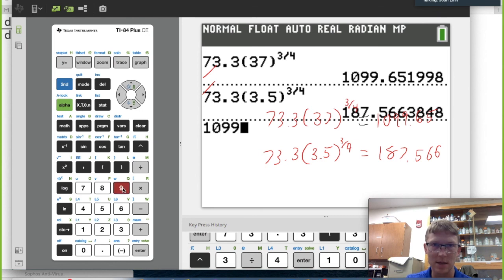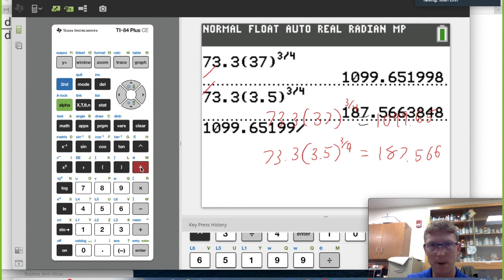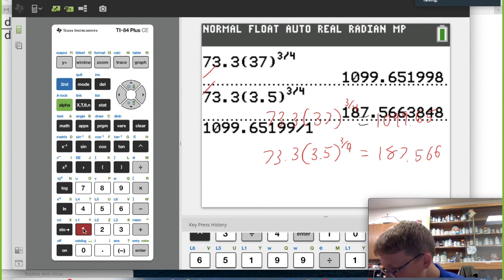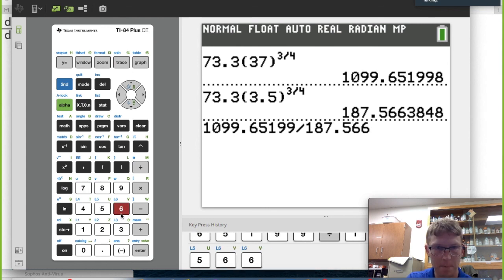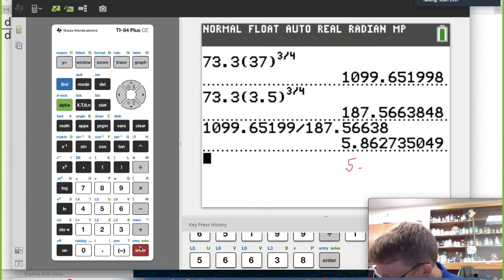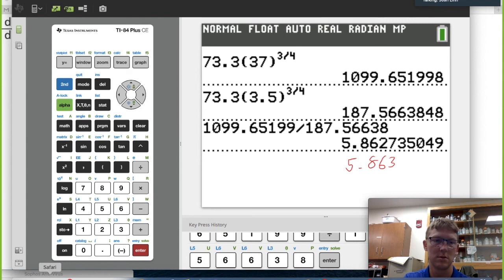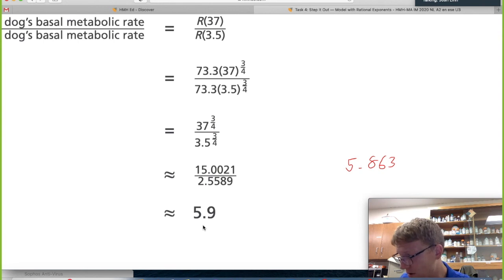I'm going to take my top number, 651, divided by my bottom number, 187. I might be a decimal point off or something like that. But so 5.863. So they rounded it to 5.9. I'll agree to that.